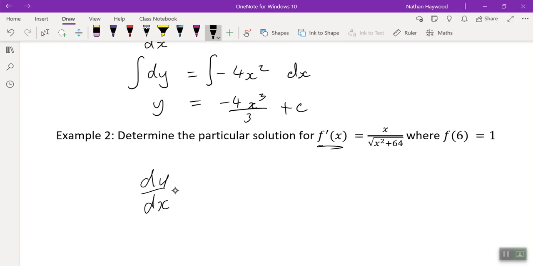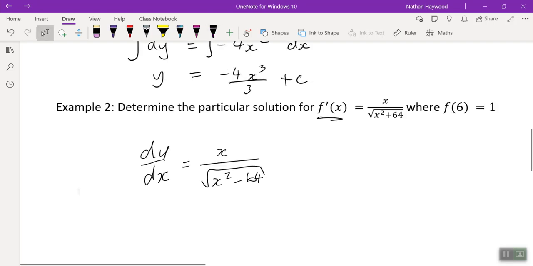in terms of, you can call it y. That's usually what we use. dy dx. Yeah, correct. So again, the same thing. This time it's already been rearranged for us, i.e. the x is already over to the other side.